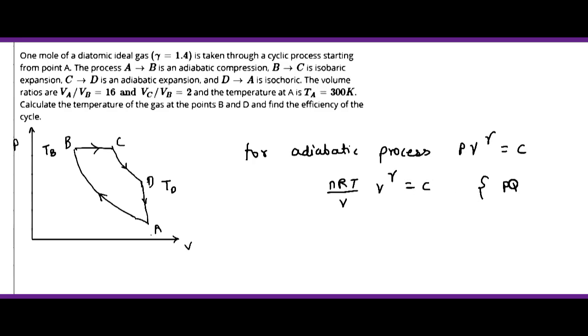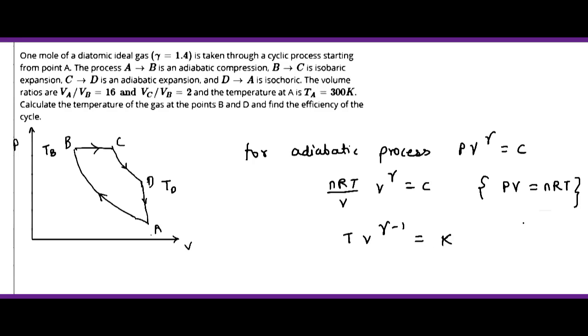Since it's an ideal gas, the equation PV equals nRT holds true over here. Therefore from here we can say T into V raised to gamma minus 1 will be a constant, or a new constant, but it's a constant value.